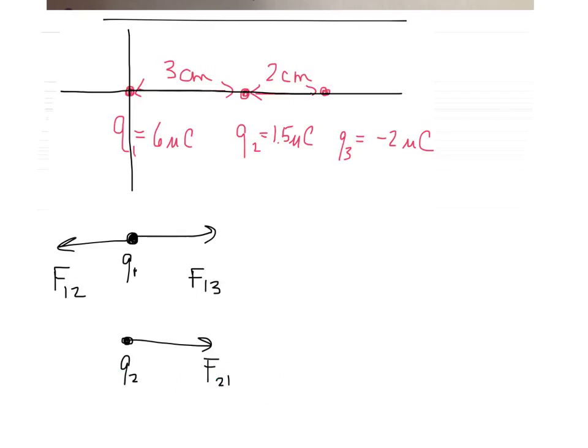These are equal and opposite. Again, Newton's laws, we go back to always. So in a minute, when we do these calculations and plug into the formulas, we're going to use the same number for F12 and F21, except one is going to be positive and one is going to be negative.